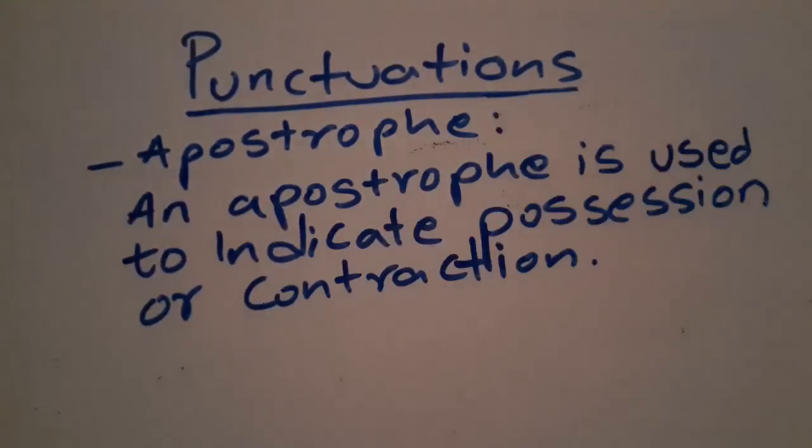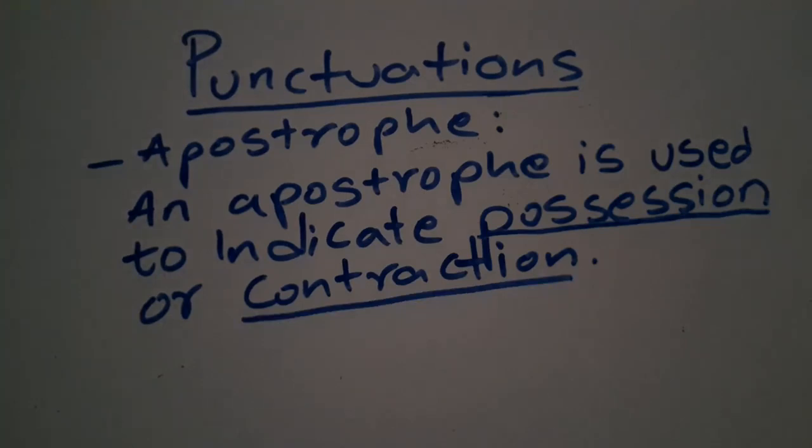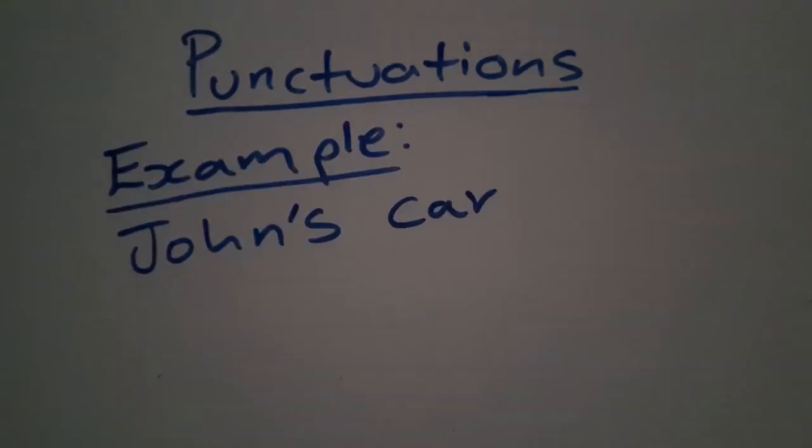Apostrophe. An apostrophe is used to indicate possession or contraction. For example, if we want to show possession, this is how we can use the apostrophe. John's car.